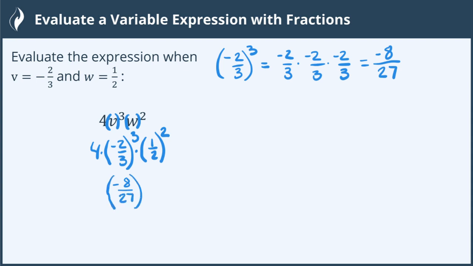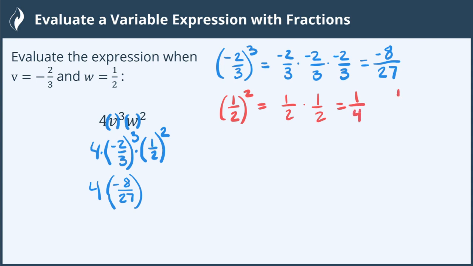And so I'm going to come down here and replace that with negative 8 over 27. Now, if you want to do that all on the same line, you can do that. I'm just writing it off to the side so that it helps keep things clean and clarify as I explain. The next one is w squared. And since w is 1/2, it's 1/2 squared. Again, that just means that I have 1/2 times 1/2. And 1 times 1 is 1, and 2 times 2 is 4.